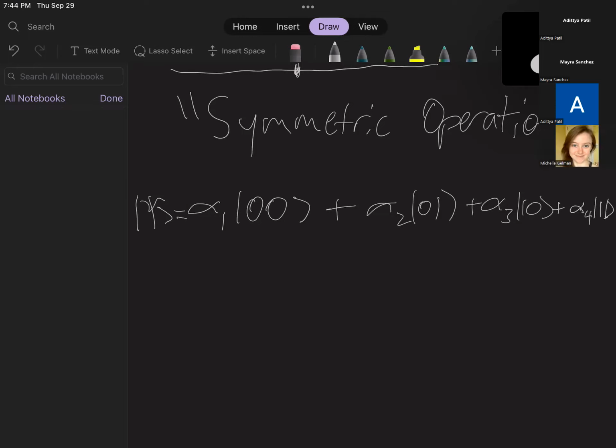So pretend we have this state. It's a two-qubit state, pretty simple, and each of the alphas denotes the amplitude for each of the probabilities. So pretend we want a CZ, a controlled Z, to act on this.